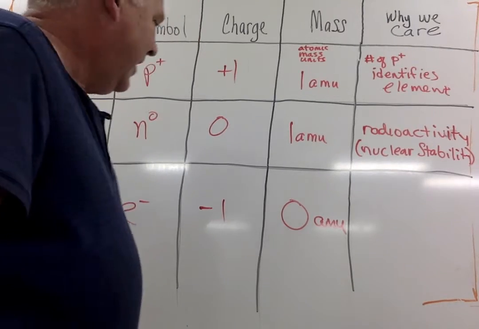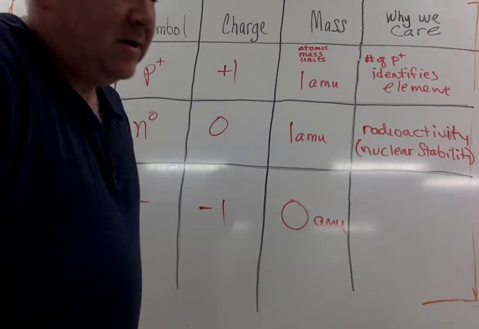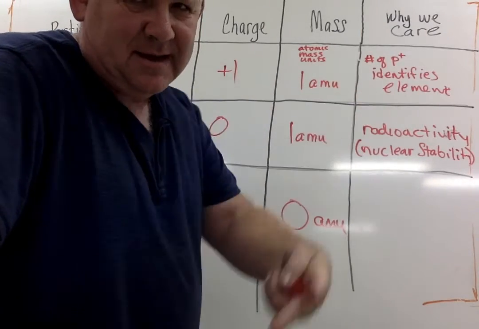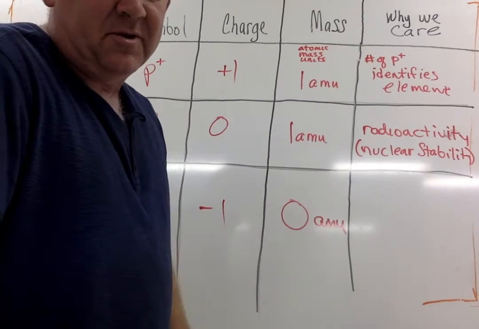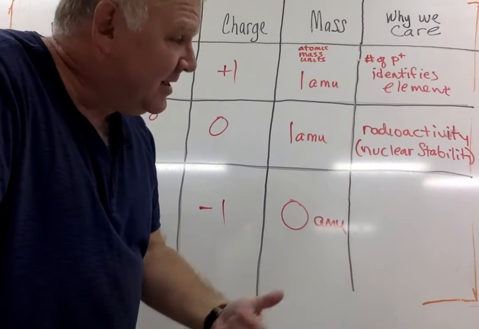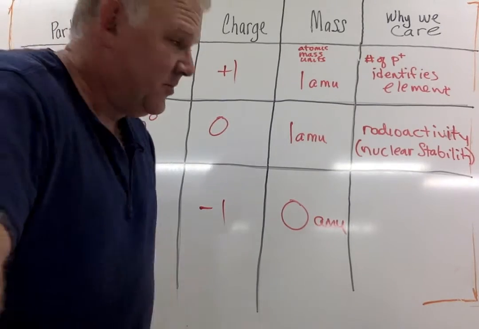Sorry about the bell. And for electrons, why do we care about those? We really can't do anything about either of these two in a chemistry lab. That involves a nuclear reaction, and we're not able to do that. But we can do chemical reactions, and that's all based on the number of electrons and how they're arranged.